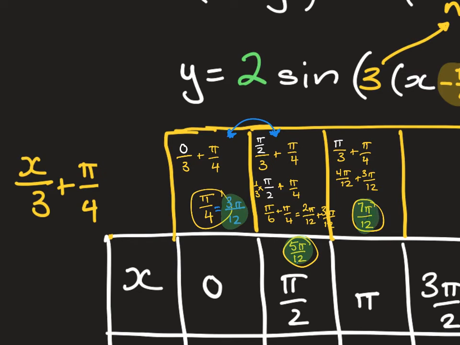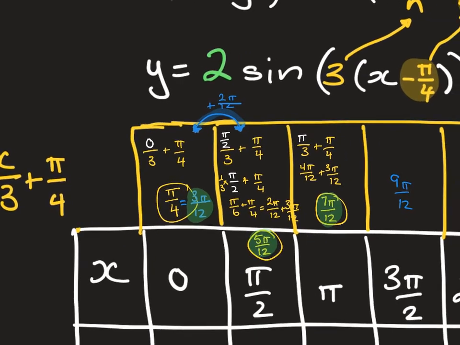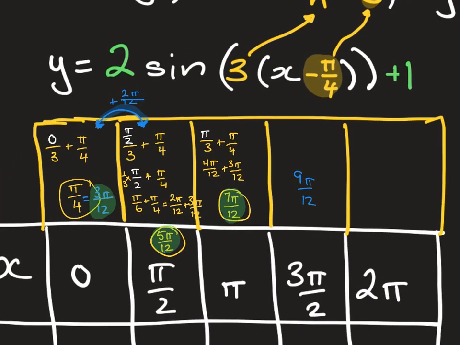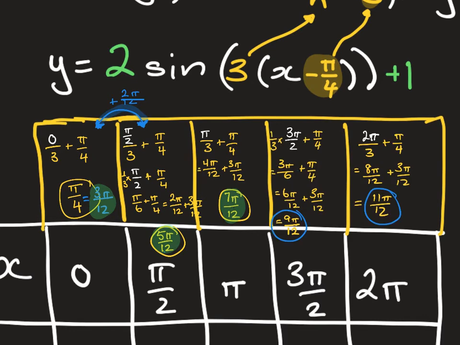So what's happening is as we go from left to right, we are adding 2 pi over 12. So the next one here will be 9 pi over 12, and the one after that, 11 pi over 12. We can check that by working it out, and I'll do it for you now.